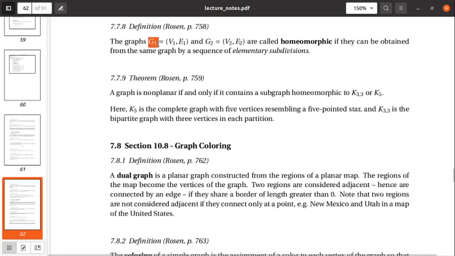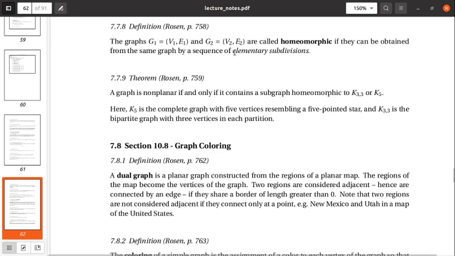Then G1 can be the proposals for the signal boosters in one scenario, and then G2 is an alternative proposal for signal boosters. So they're homeomorphic with one another, but they don't necessarily evolve from one or another. They can just be these two alternatives, and in such a case, they're still homeomorphic.